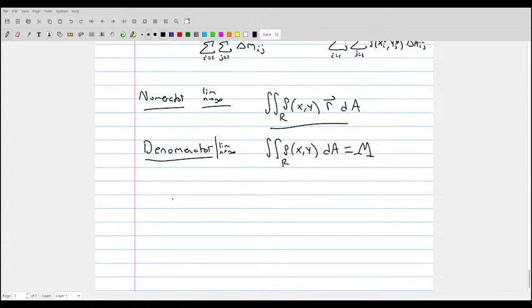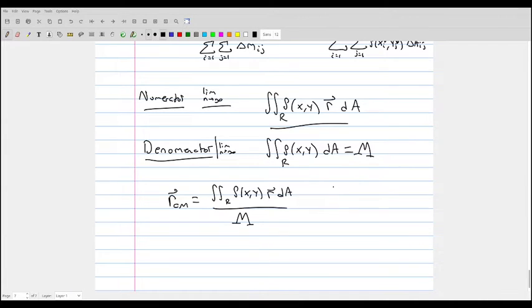So the formula that we get in the limit as the partition gets smaller and smaller is that the center of mass is exactly equal to the double integral of the density function times R over the total mass.